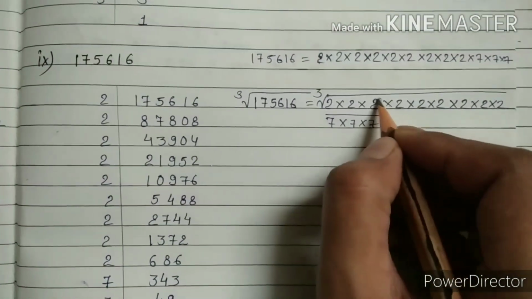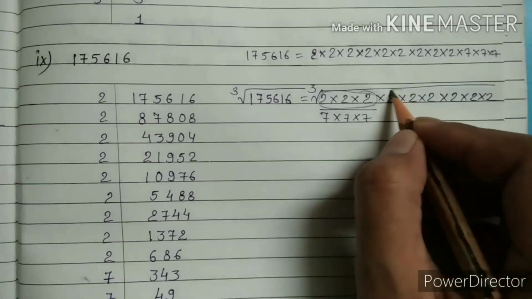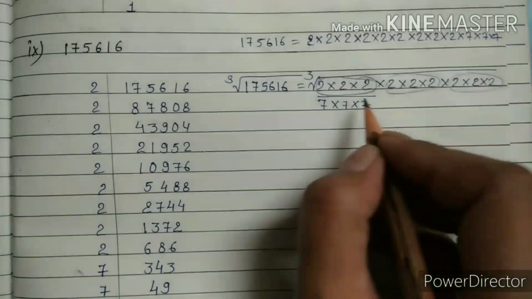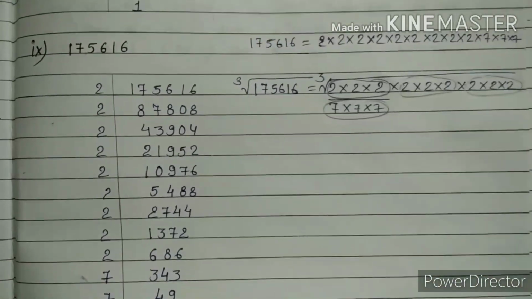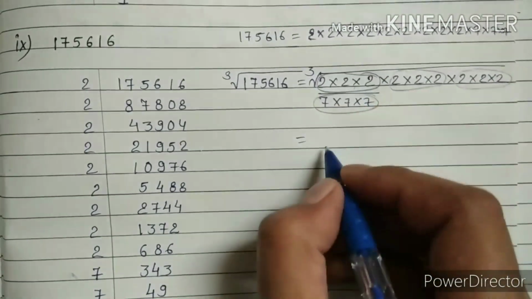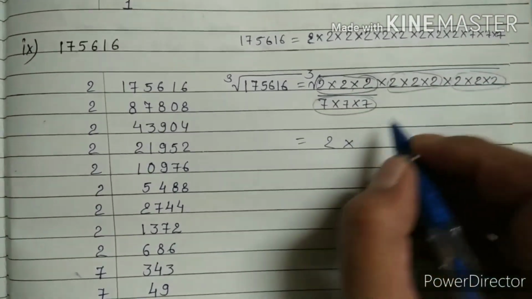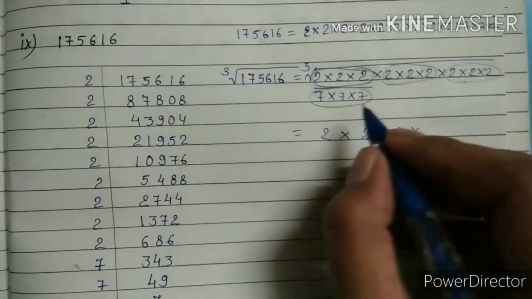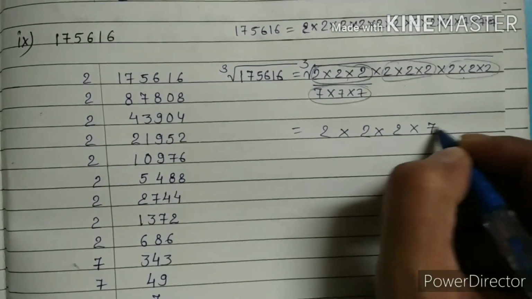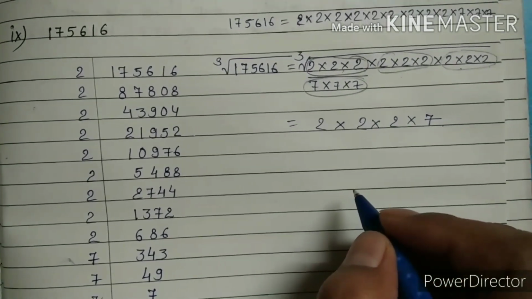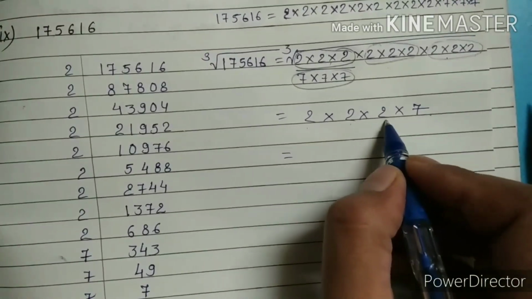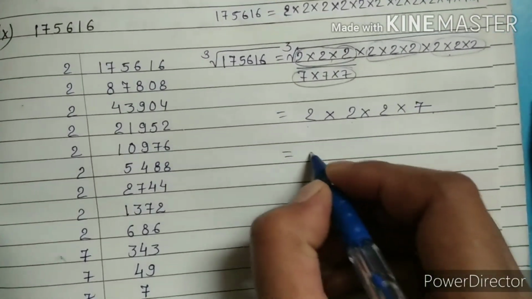So this is the first group, this is the second group, this is the third group, and this is the fourth group. The first group will give 1 time 2, the second 1 time 2, the third will give 1 time 2, and the last will give 1 time 7. So 2 2s are 4, 4 2s are 8, and 8 7s are 56.